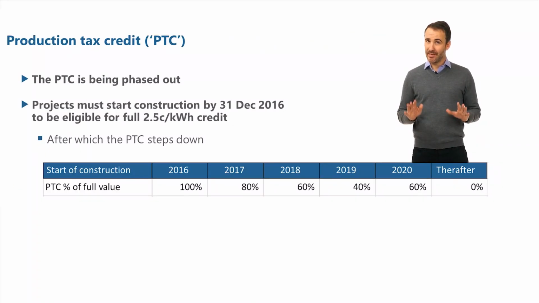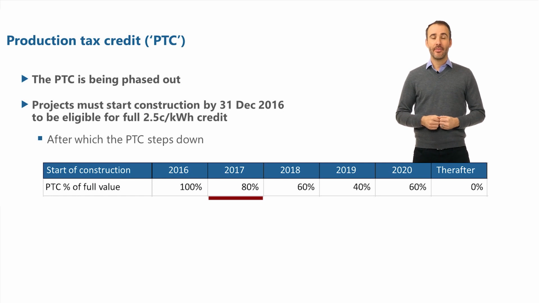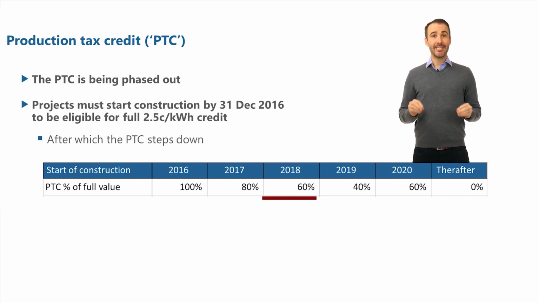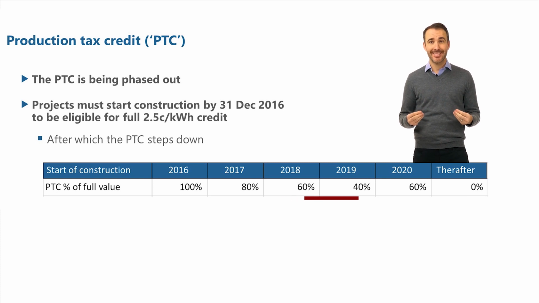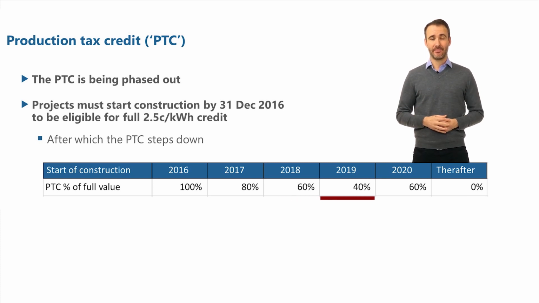And the PTC is being phased out. If your project started construction in calendar year 2017, that PTC amount is 20% less than 2.5 cents per kilowatt hour. Instead, you would receive 80% of that, at 2 cents per kilowatt hour. If you started in 2018, it's 40% less than 2.5 cents per kilowatt hour, and in 2019, 60% less.